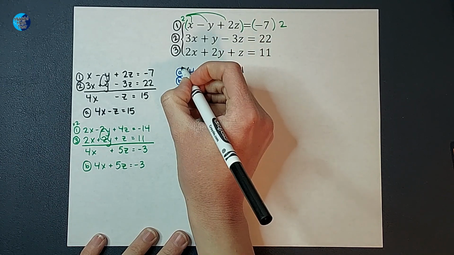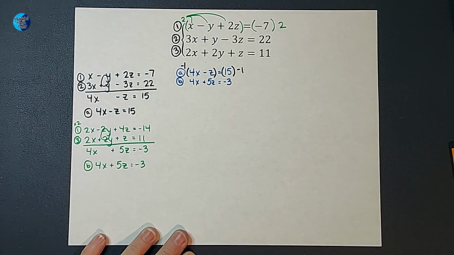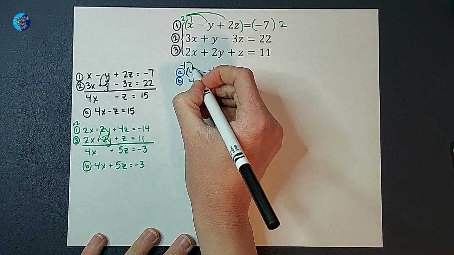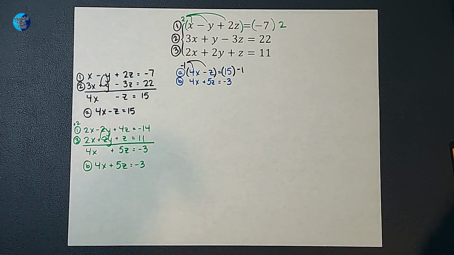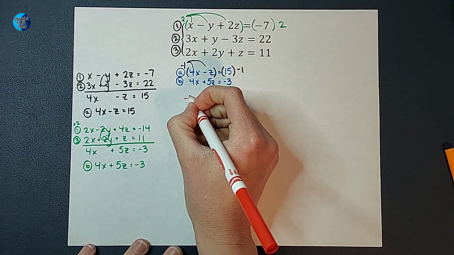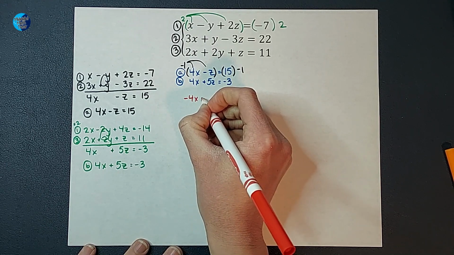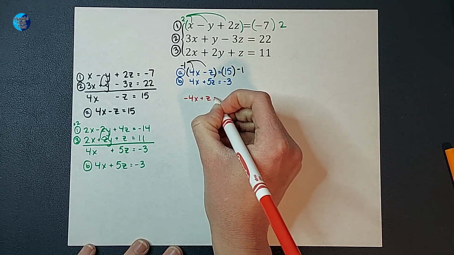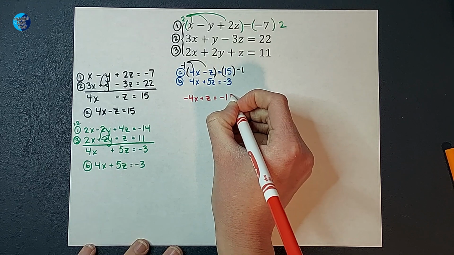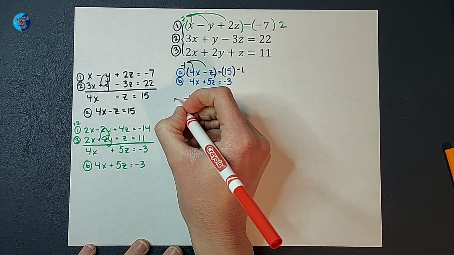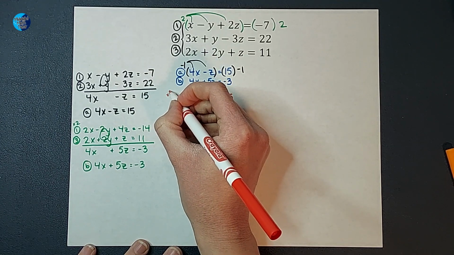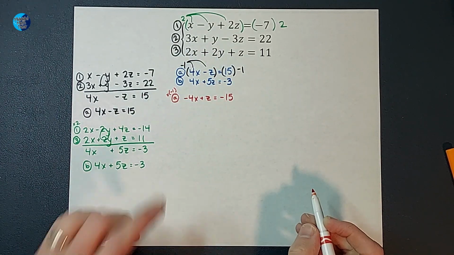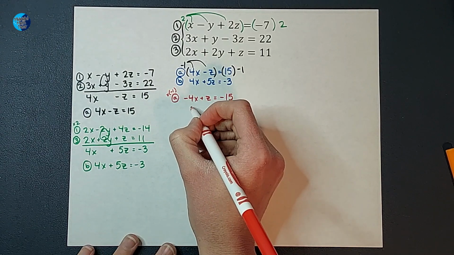I gotta do both sides to keep it balanced, and then distribute that -1 in, and I will end up with -4x plus z equals -15. Okay, now what is this? This is still a, but I multiplied by a -1. And then I'm just rewriting b.